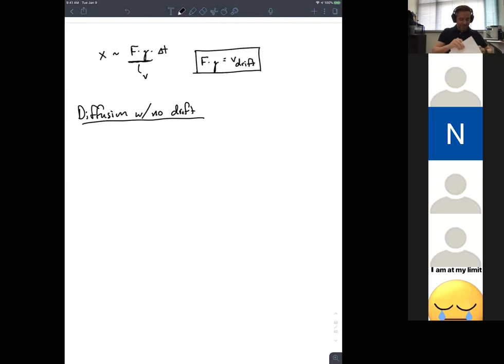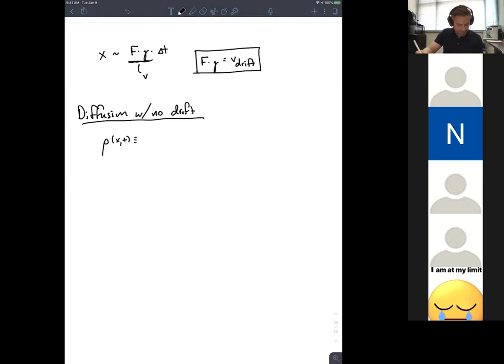All right, so here's what I'm going to do. One of the quantities we're going to be interested in is the concentration, rho, and it's going to be a function of position and time. Now this rho is a concentration or a density, and in particular, the way I'm going to define it in this context is as a number density.